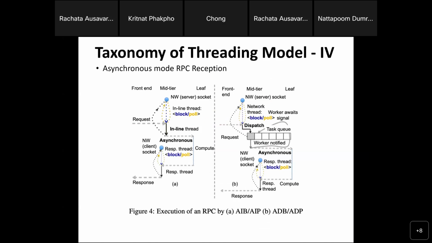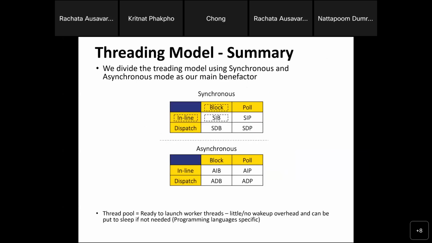You can also do this fully asynchronous. You have the worker threads on the client side that fetch the work asynchronously using the handler that you've seen, while you have the function handler that gets called when the leaf node, or the server, if you will, processes the request. You can basically now divide into: do we do block based or poll based?